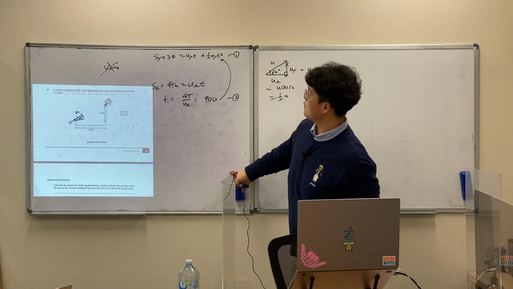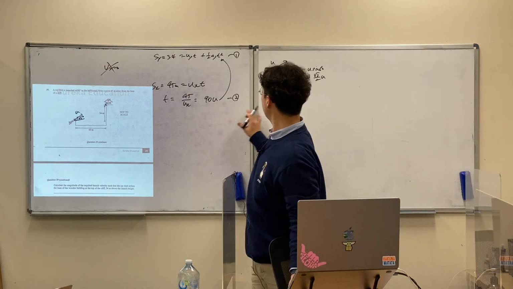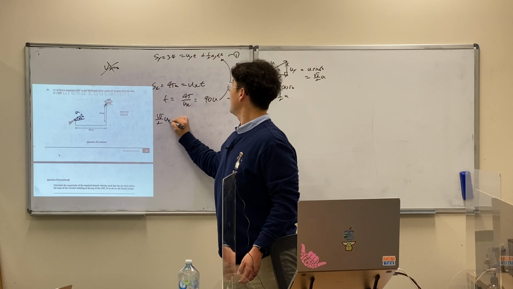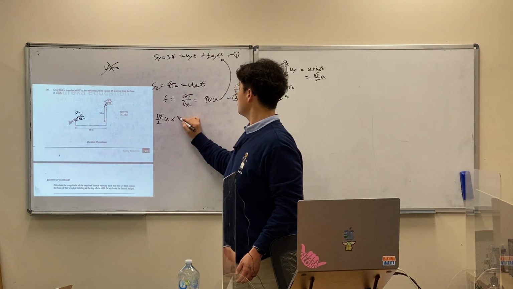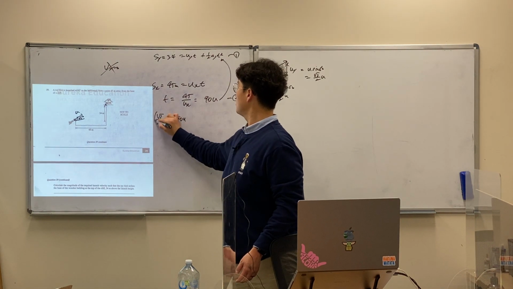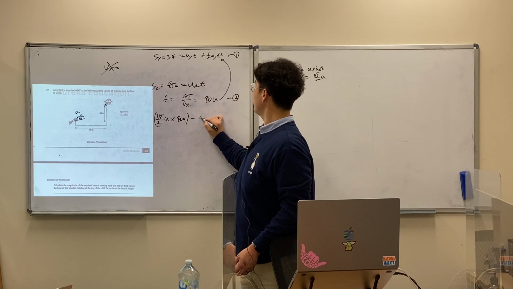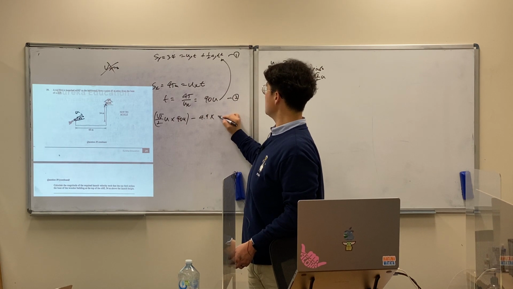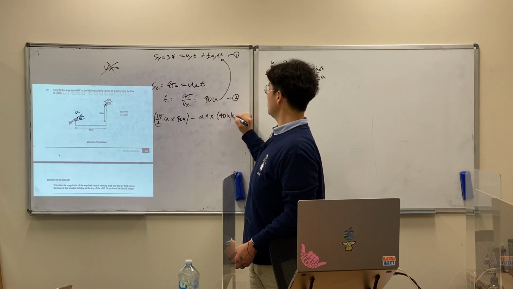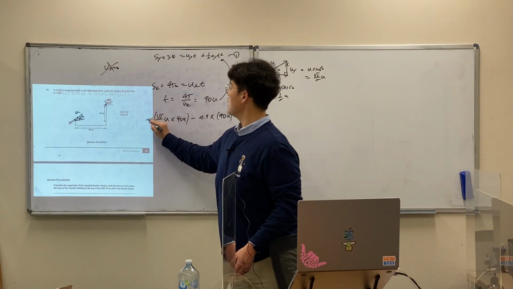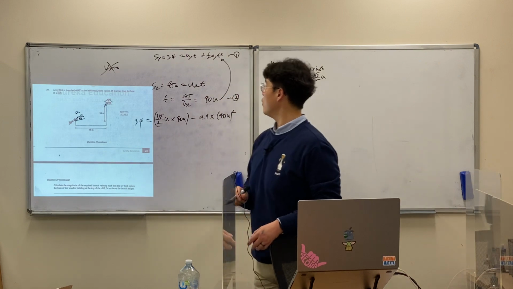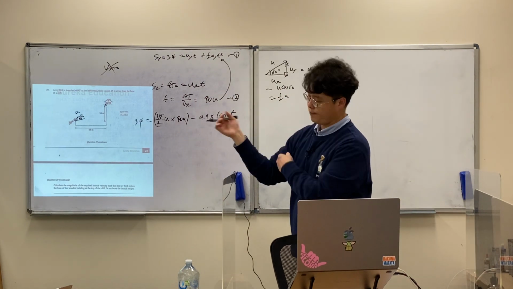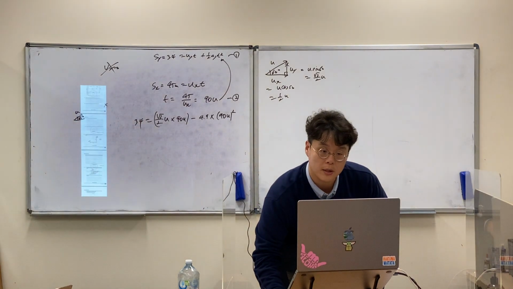So for substituting that, 34 is equal to uy, which is root 3 on 2 u, times 90 over u, minus 4.9 times 2, t squared, which is 90 over u squared. That is equal to 34, given. I'm sure that is the right one.